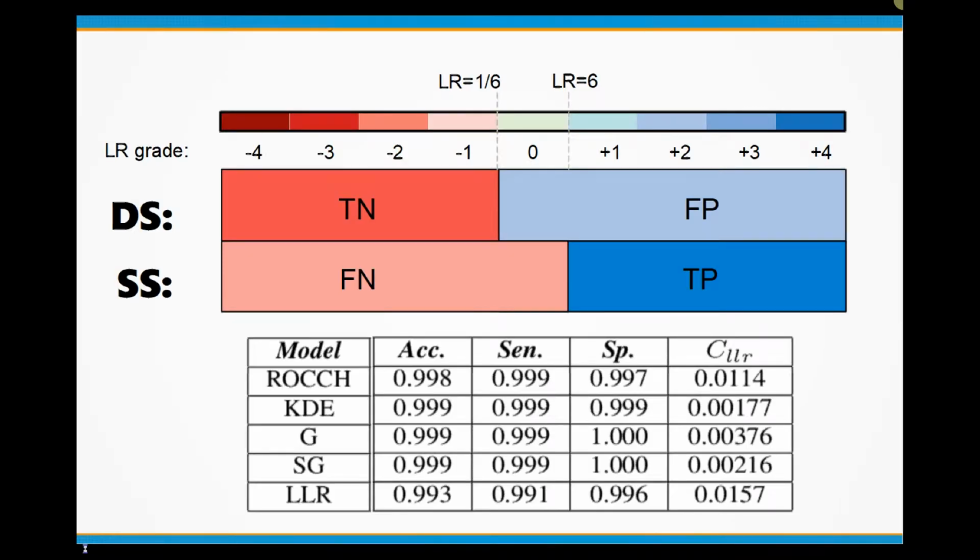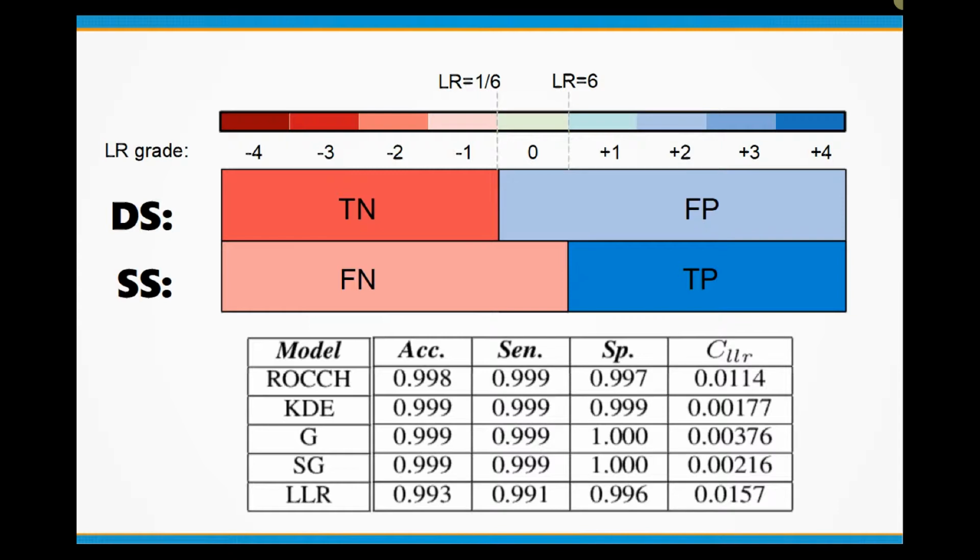We also wanted to get some numbers out, and so we calculated some accuracy, sensitivity, and specificity for the 5 models. And when doing this, we have actually created an overlap using an LR grade scale, so that all the LR values between 1/6 and 6 are considered as indeterminate, which means that they are counted as false.